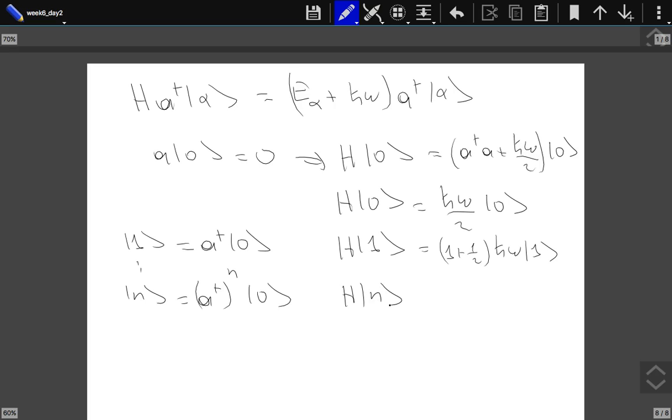So H acting on this ket n, you see, every action of A dagger increases the energy by H bar omega. There are n of them, so it's just n plus 1 over 2 H bar omega. So this is the whole spectrum of the harmonic oscillator.